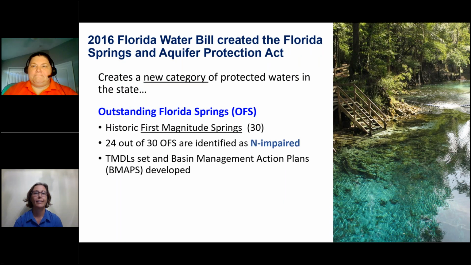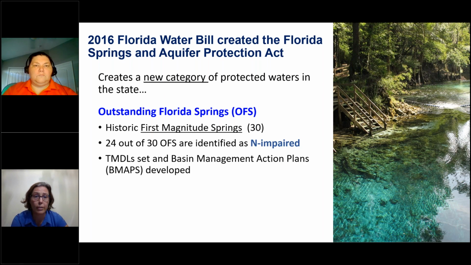Next, please. So about our regulations, in 2016 Florida passed our water bill, so it's relatively new. This created the Florida Springs and Aquifer Protection Act. What this act did was create a whole new category of protected waters in the state, which are our outstanding Florida springs.